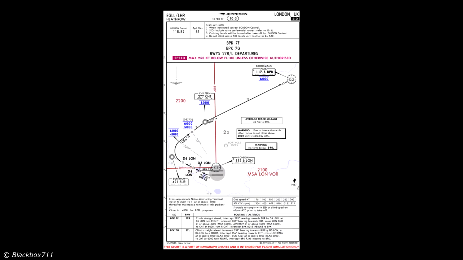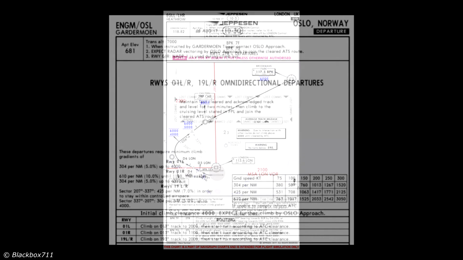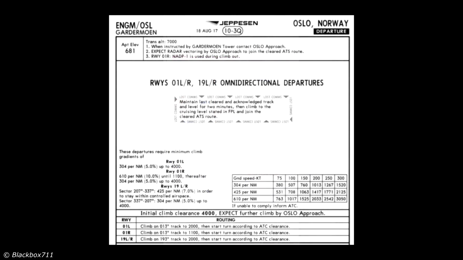All right, Oslo. Yeah, Oslo is an example where you don't have any conventional departure routes. It's only RNAV. So what if you have an aircraft that doesn't come with RNAV in Oslo? So it's a lot of text there, right?